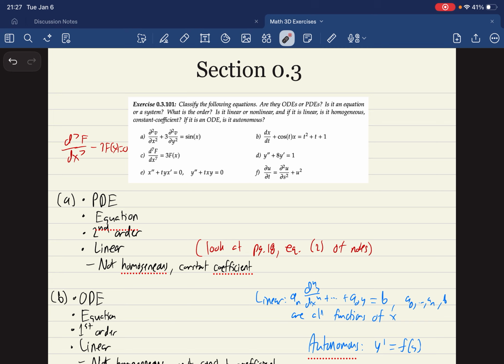And this is also linear because here we can see that our coefficients are 1 and 8, and then the right side of our linear ODE is just the constant function 1. So this is a linear ODE. It is not homogeneous because this is 1 and not 0, but it is of constant coefficients because the coefficients, this invisible 1 and 8, are both constants.